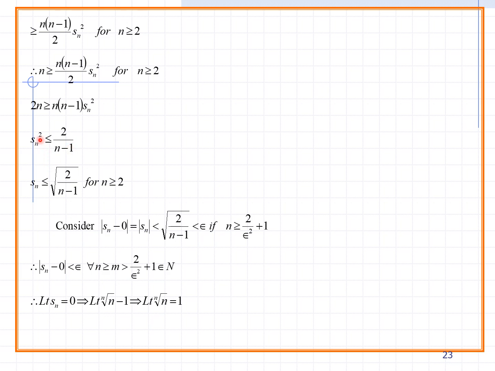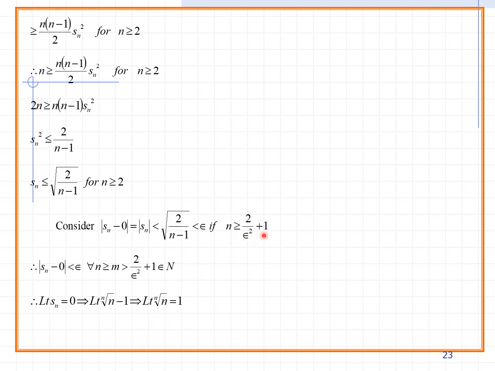I can apply the root on both sides, and I get Sn less than or equal to root over 2 by n minus 1 for n greater than or equal to 2. Consider modulus Sn minus 0, which equals modulus Sn, less than root over 2 by n minus 1. This value is less than epsilon if n is greater than or equal to 2 by epsilon square plus 1.